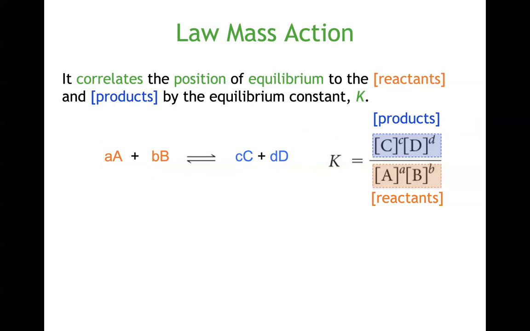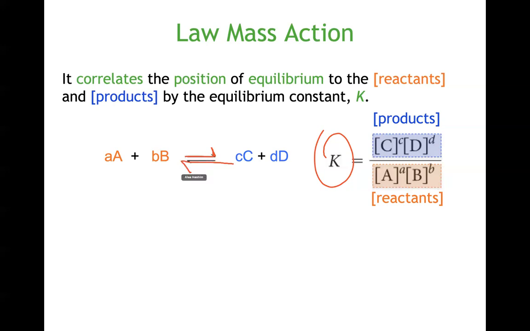If the concentration of the reactants are larger, we would expect that the equilibrium constant would be smaller. Well, this equilibrium constant tells us if the reaction is right at equilibrium, or if it slightly favors the product, or if it slightly favors the reactant, right?